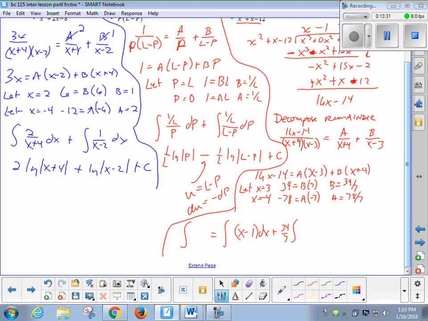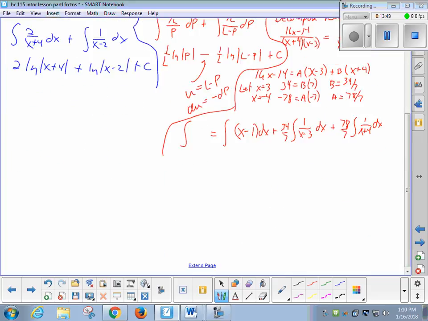It goes with x minus 3, and 78/7 goes with x plus 4, whatever order. All I ask is that you know which numerator goes with which denominator properly. I don't care what the order is.